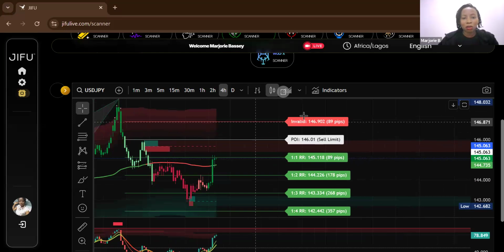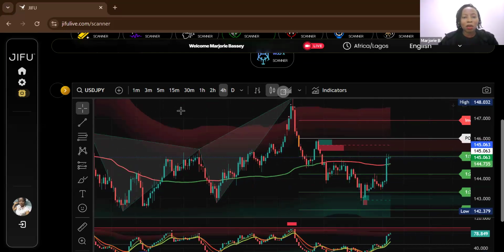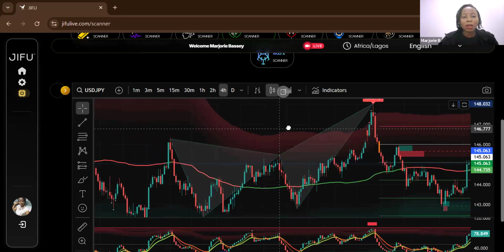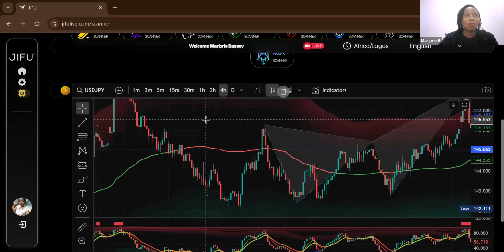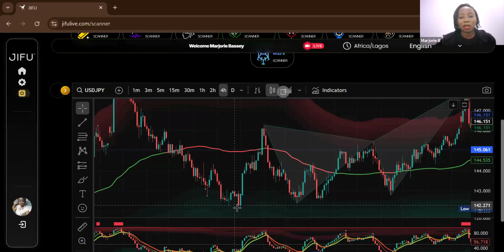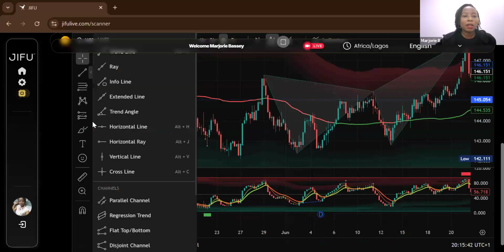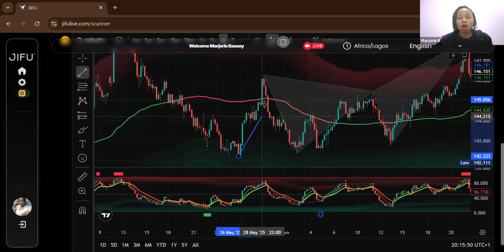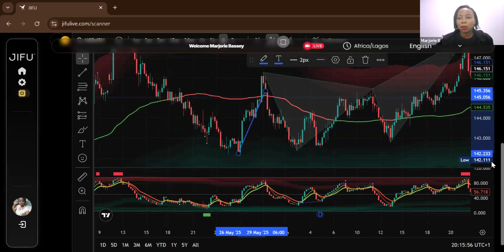Now, what is accumulation? Accumulation is simply a consolidation. The market moves in basically two directions. It goes up, like you can see from here, and then the market also comes down.